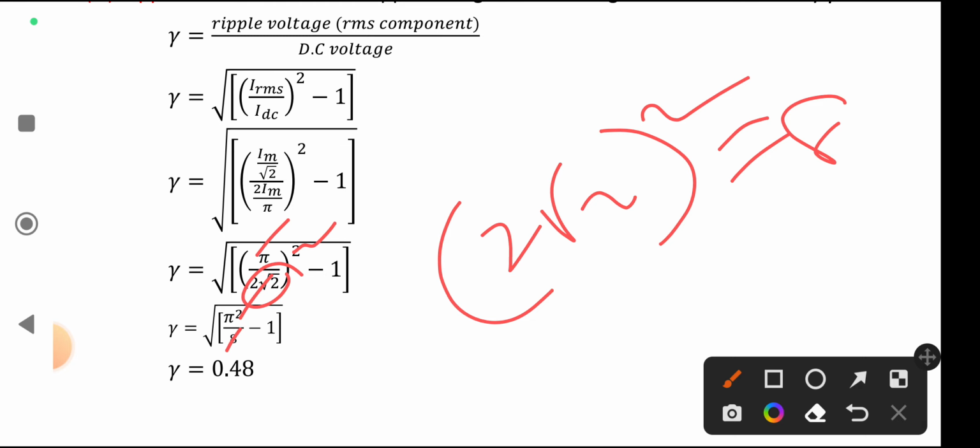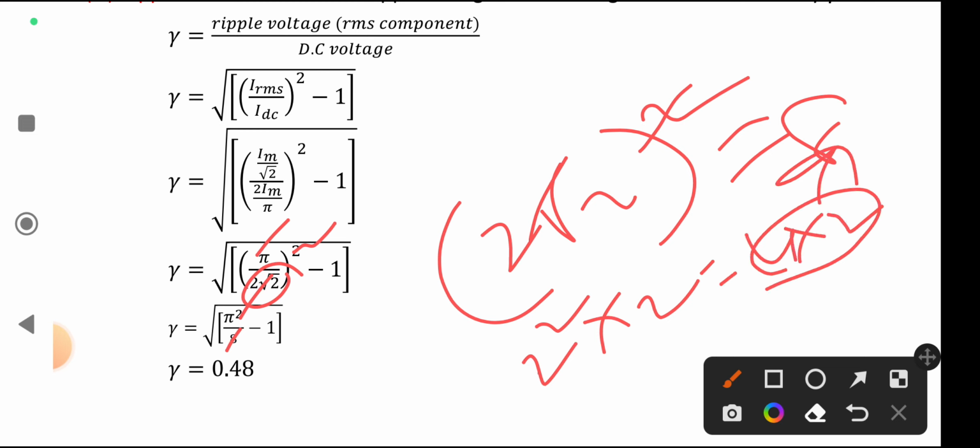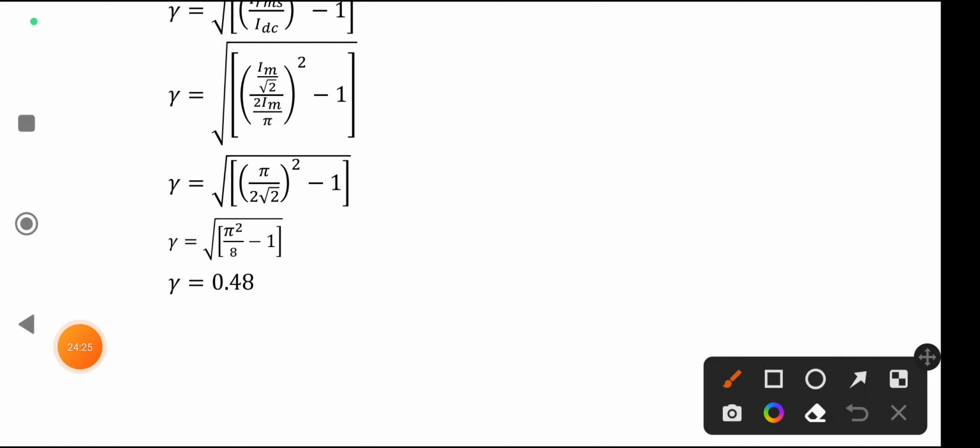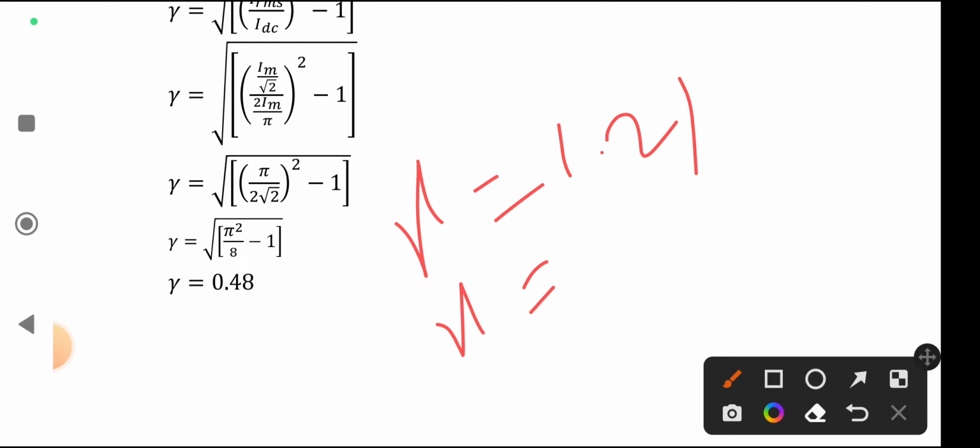Why? Because if you apply the square individually, 2 square is 4, and root 2 square is 2. So it becomes 4 into 2, which is 8. And after simplification, what do you get? You get gamma equal to 0.48. In half wave rectifiers, the gamma value we got was 1.21, but here we got gamma value 0.48.